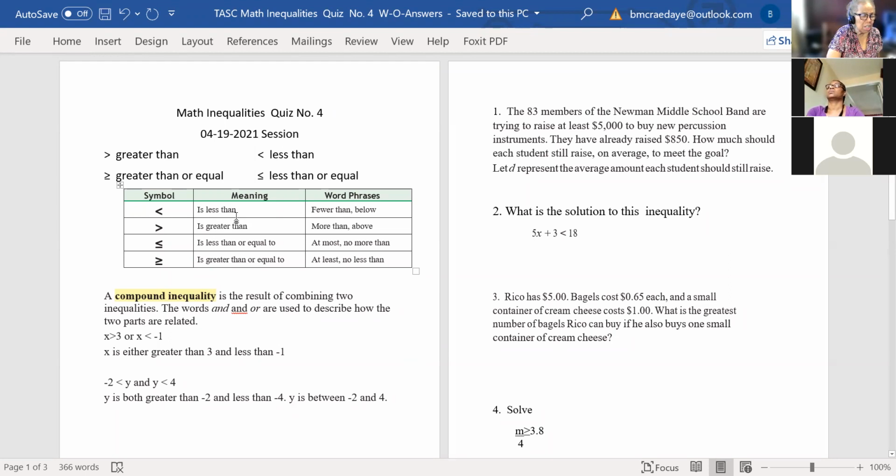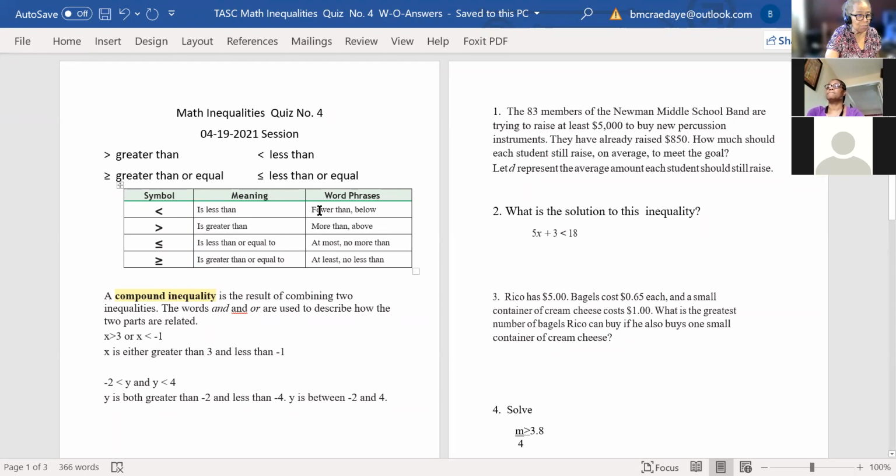I gave you a little reference sheet for inequalities. When you see fewer than or below, that's less than. When you see more than or above, that's greater than. When you see at most or no more than, because sometimes you see this in word problems, that means less than or equal. When you see at least and no less than, that's greater than or equal.